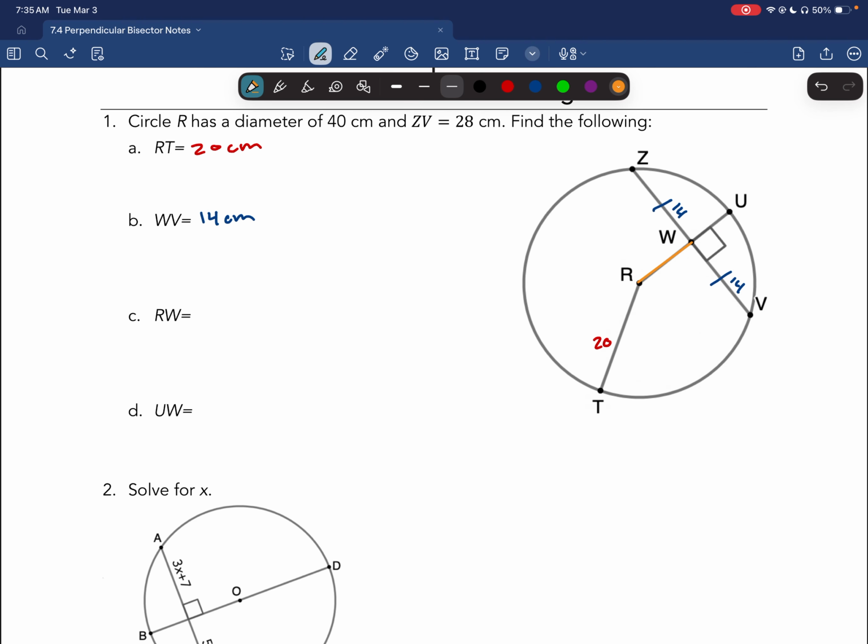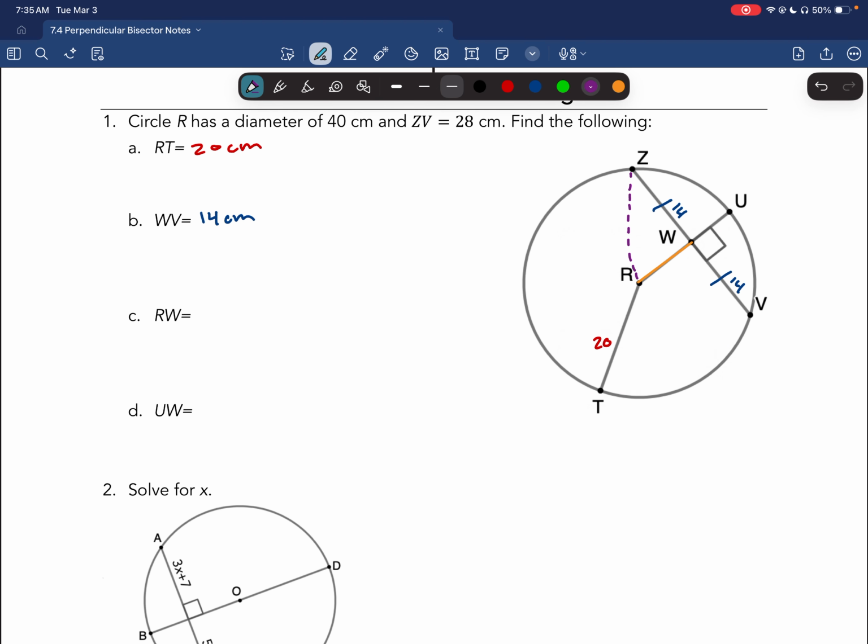What might help me, though, is because I know the distance of the radius, I can draw a new radius that's not necessarily already drawn for me, right? A radius can be from any point to the center, right? That could be a radius. So I could find one that helps me and use that. So I'm going to draw one from Z to R.